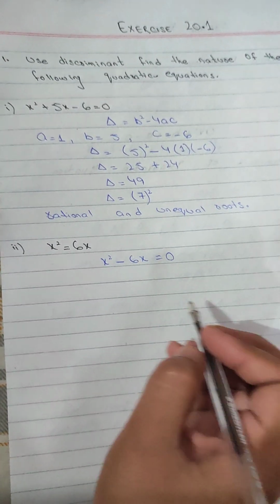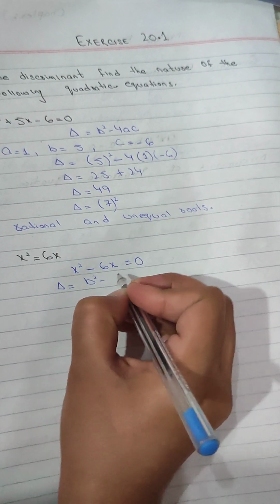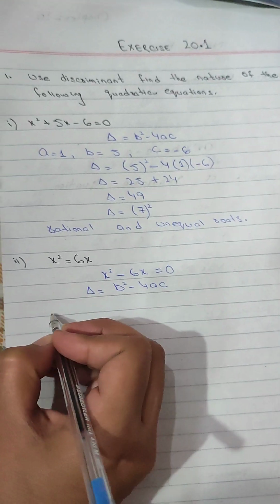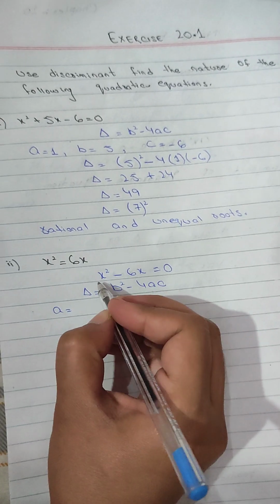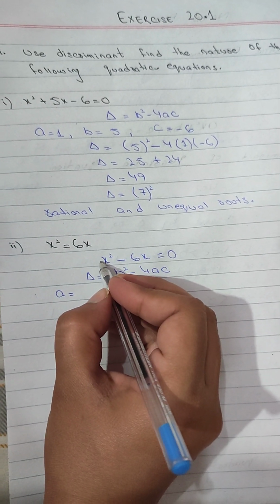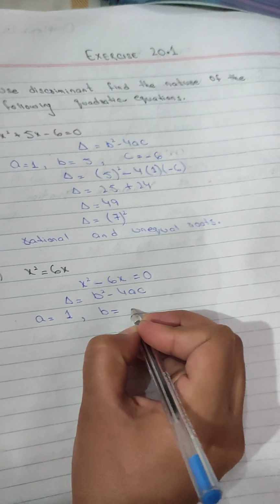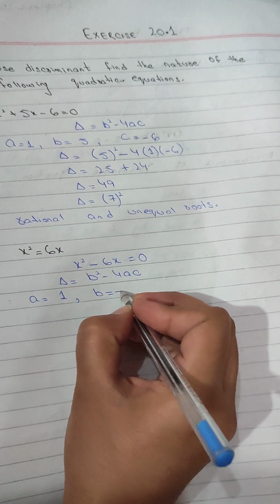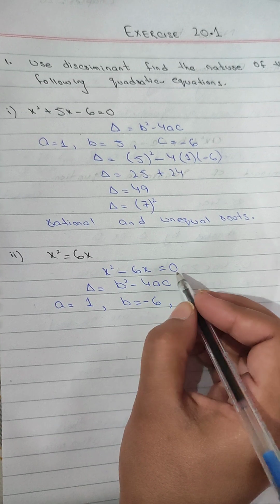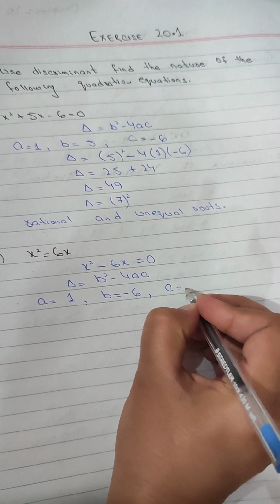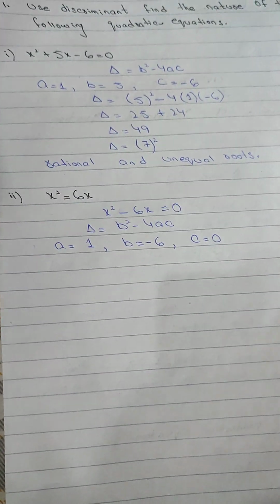Now again we are going to tell the nature of the roots, so you can say delta is equal to b square minus 4ac, where a is the coefficient of x square. If there is no coefficient, it means the coefficient is again 1. B is the coefficient of x, which is equal to minus 6. And again, if there is no value of constant, it means c is equal to 0. Constant is not given to us, so we will take it as 0.